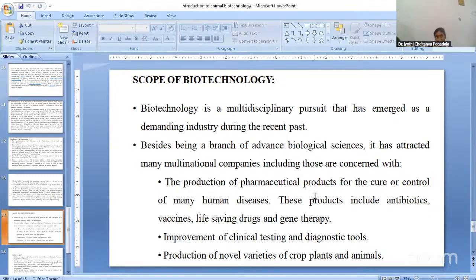At present in India, we have DBT, DST, CSIR, ICAR, ICMR, and some other agencies also.